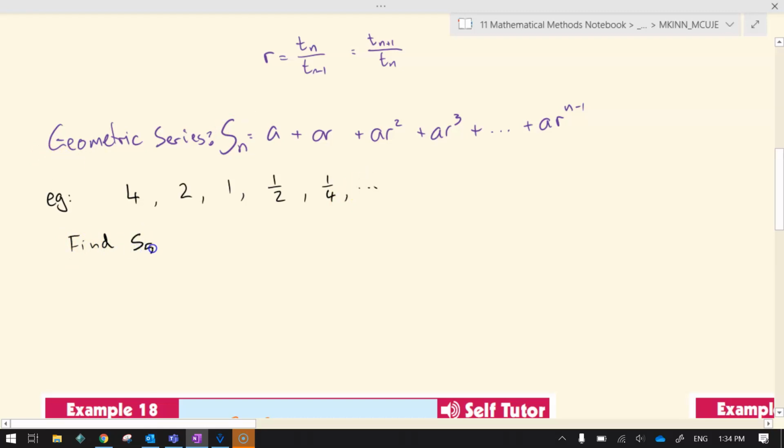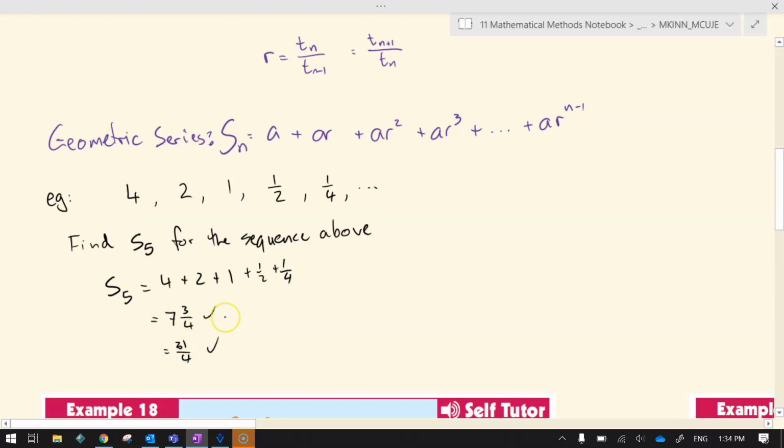Find the sum of the first 5 terms for the sequence above. And I don't think any of you are having trouble with this, are you? And we can write that as 7 3/4, but we don't really like mixed numbers, so we're going to write it as 31/4. But either of those would be fine. You'd be happy with that question in an exam. That's nice giveaway marks, isn't it?